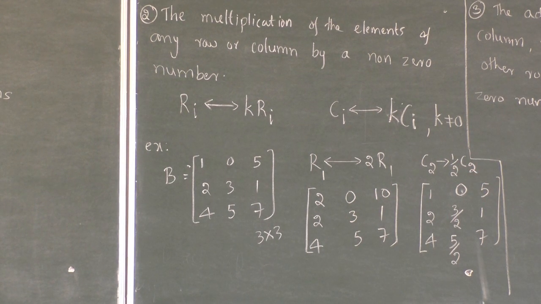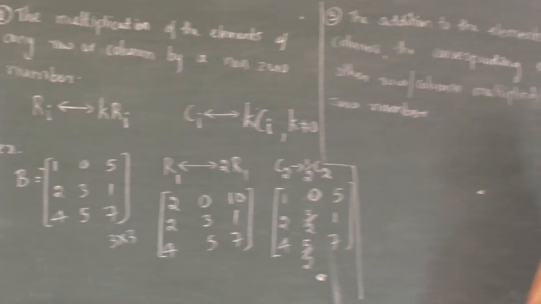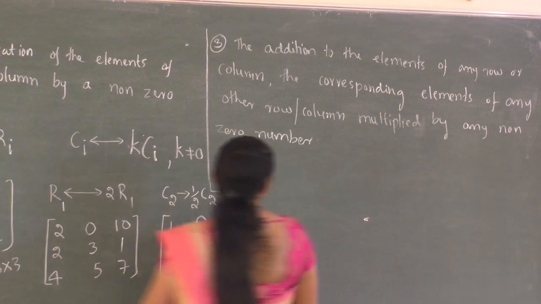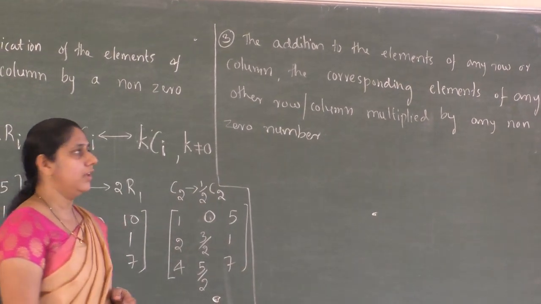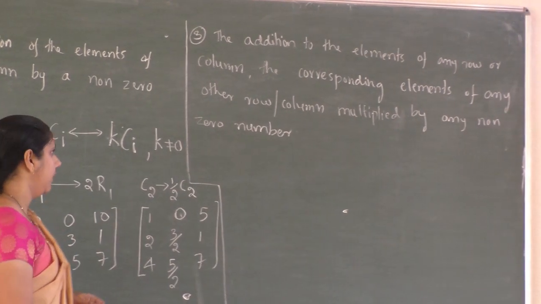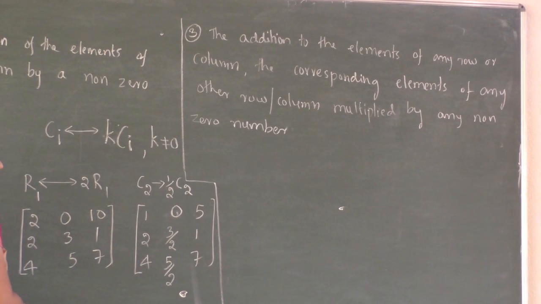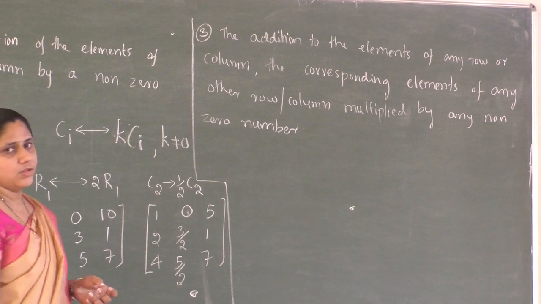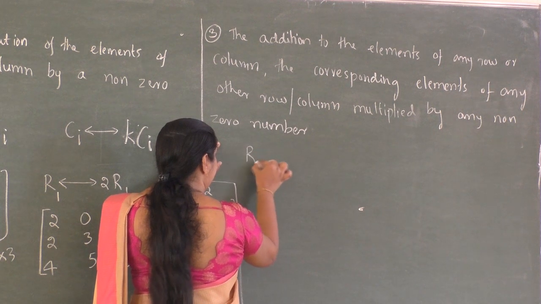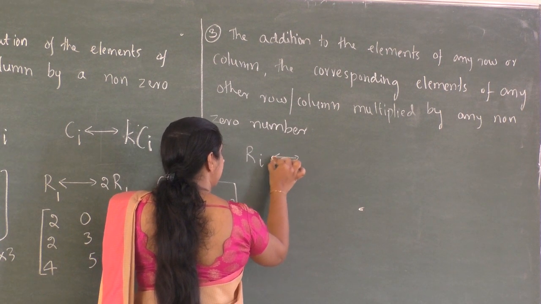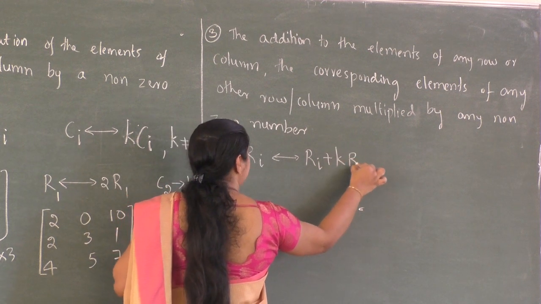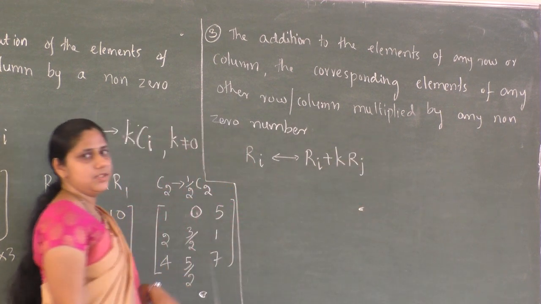Now the third elementary operation, that is the addition to the elements of any row or column, the corresponding elements of any other row or column multiplied by a non-zero number. This operation symbolically can be written as Ri interchanging to Ri plus K times Rj.